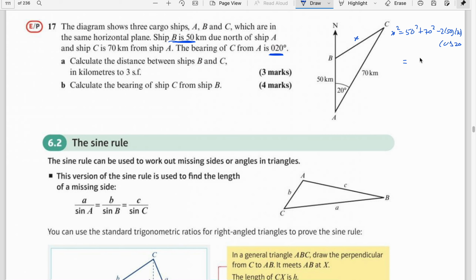Using calculator, all at once this is 822. X square is equal to 822.15. Square root both sides and we get BC, that is 28.67, writing 28.7 kilometers.